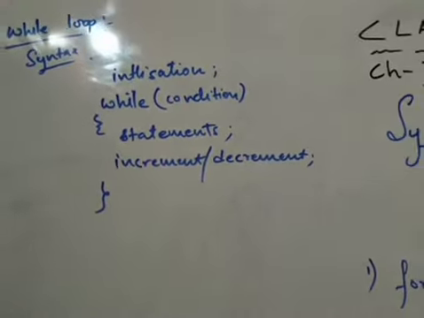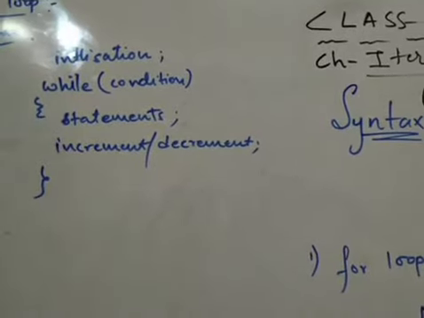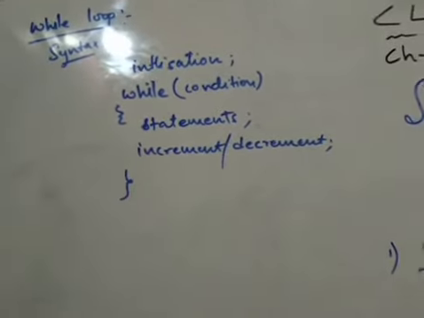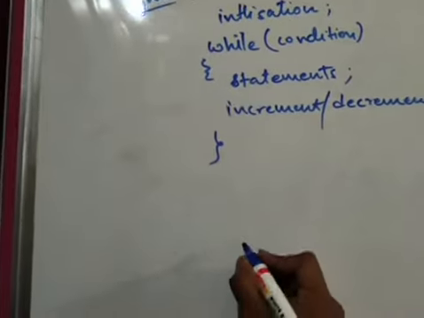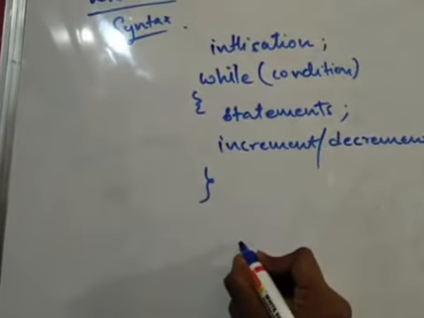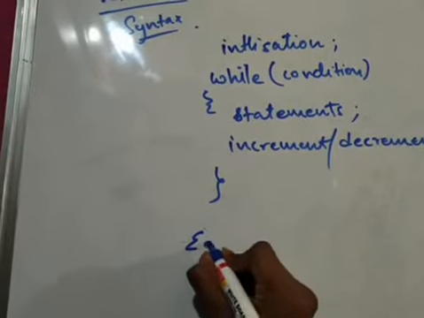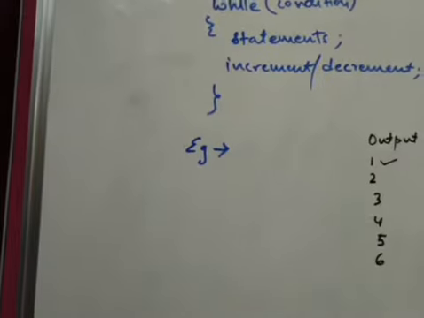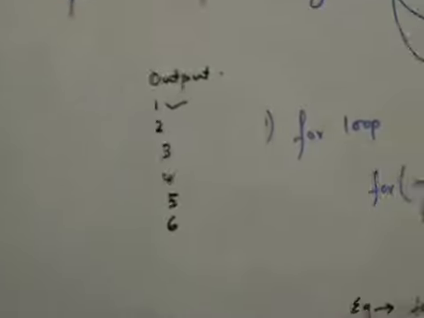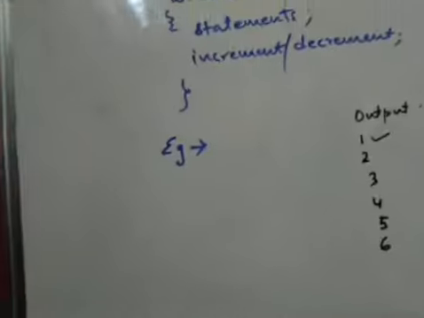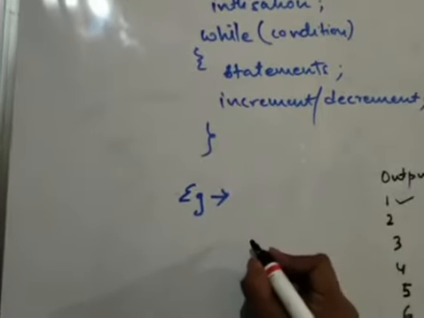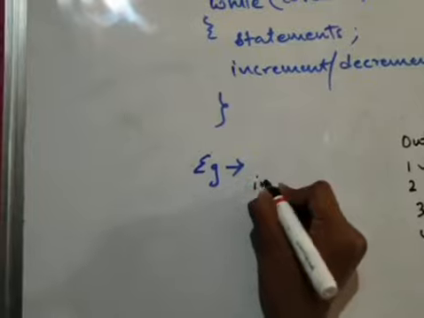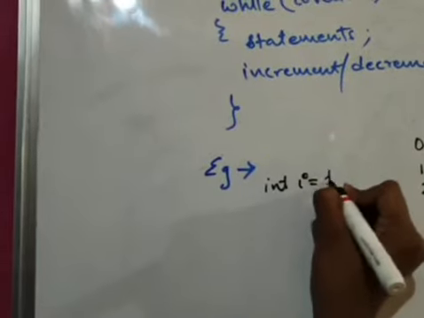Same way, if I want to print values from 1 to 5, what will my initialization step be in a for loop? The same we'll be writing here. So the first step is initialization, right? If I take an example, the first initialization we have is int I equals 1.